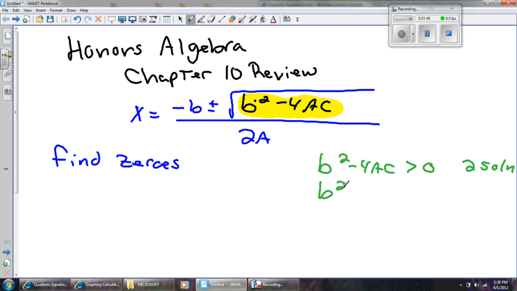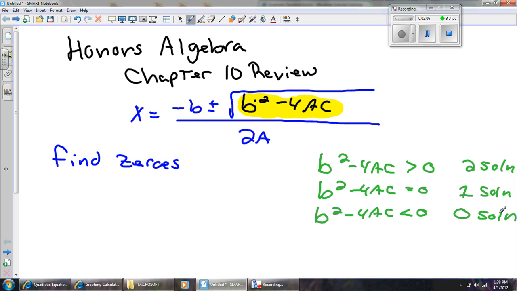If b squared minus 4ac equals 0, that means there's one solution, okay? And if b squared minus 4ac is less than 0, in other words negative, there are no solutions or no roots. All that means is that the graph does not cross the x-axis, okay?